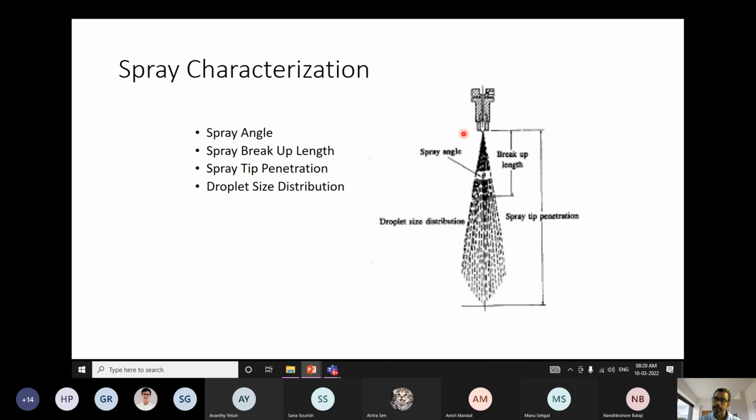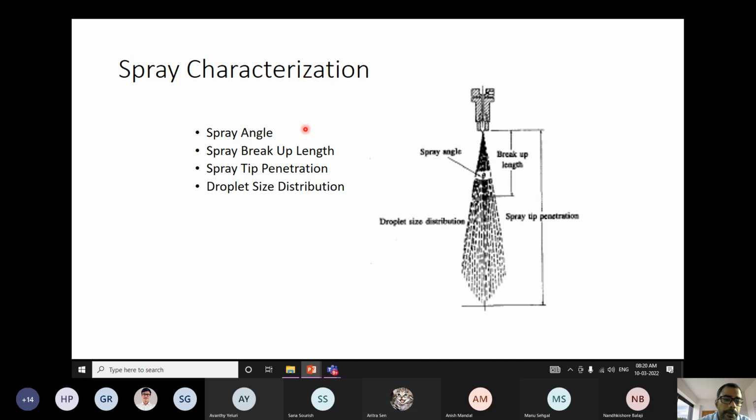So the fuel droplet size is very small in the case of the diesel engine because we need to have droplet size as small as possible so that the evaporation process starts immediately. So mostly the droplet size in the diesel engine with this kind of system is around 25 to 40 micrometer.